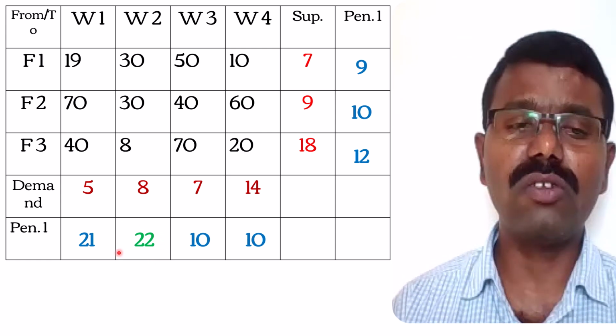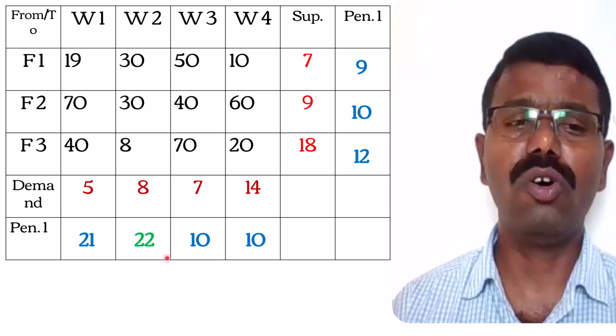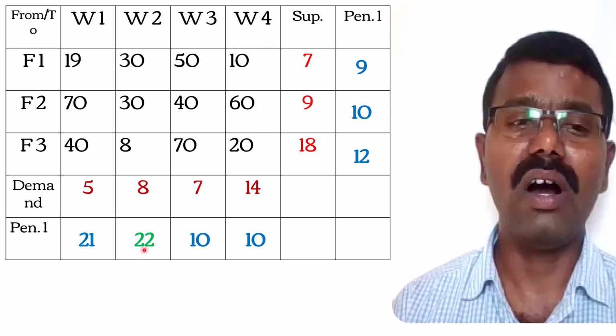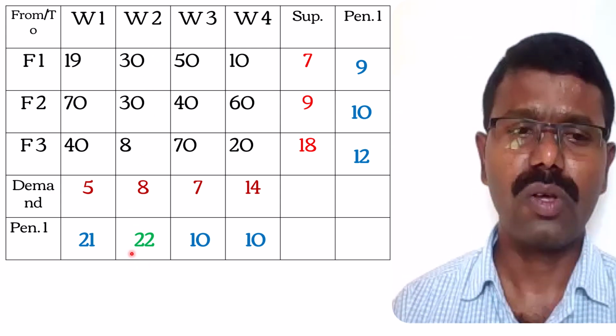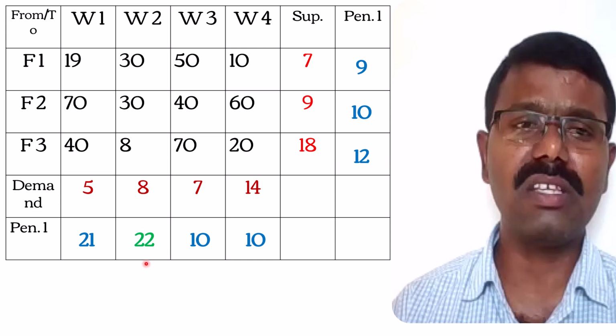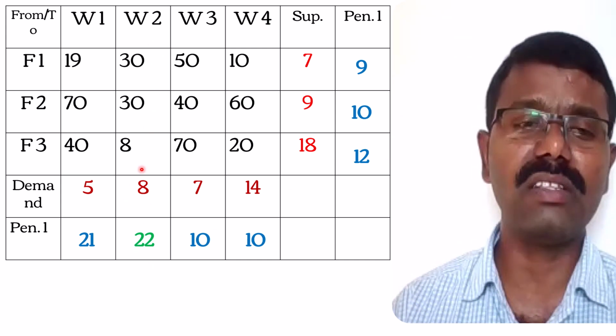So first you need to select the highest penalty row or column. Here the column has the highest penalty, which is 22. If it is a row, we will select that row. Because this penalty belongs to this column, you will be selecting this column.